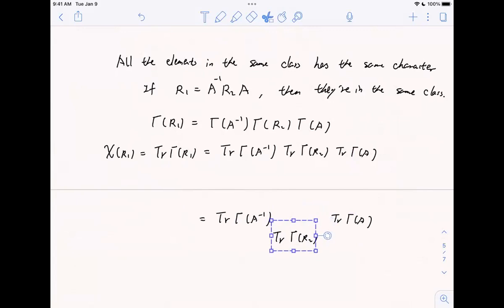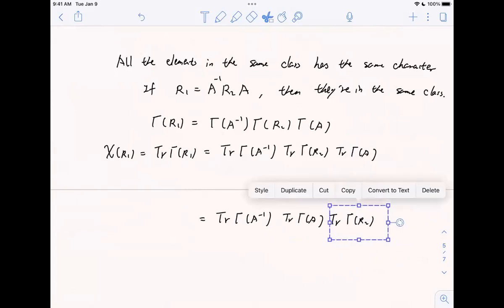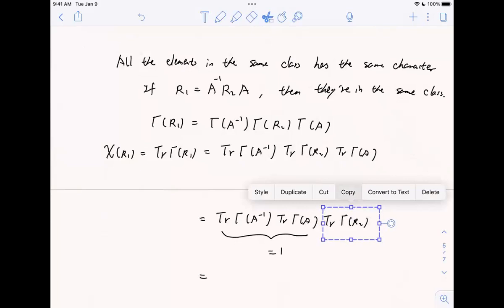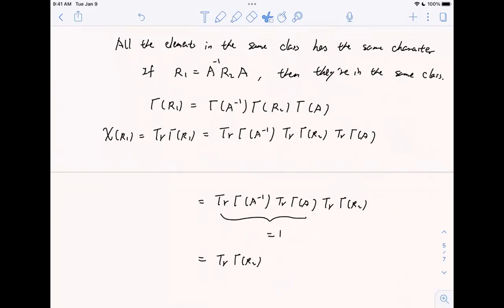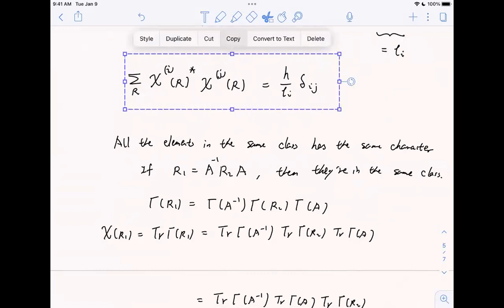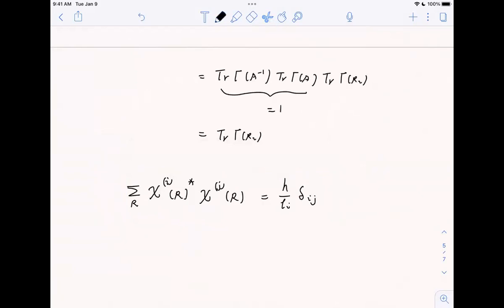And then you can change this to here, and then the trace of these two inverse matrices will be inverse to each other. This will get 1. So eventually you get this. If two group elements are in the same class, then they will have the same character. So that means you don't need to sum over every element. You only need to sum over all the classes.